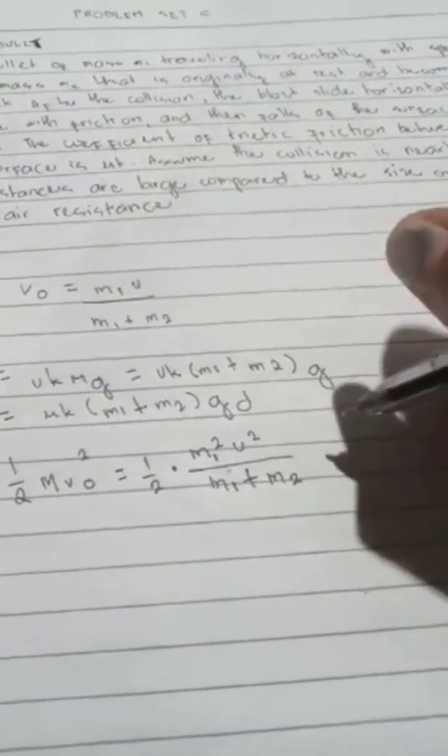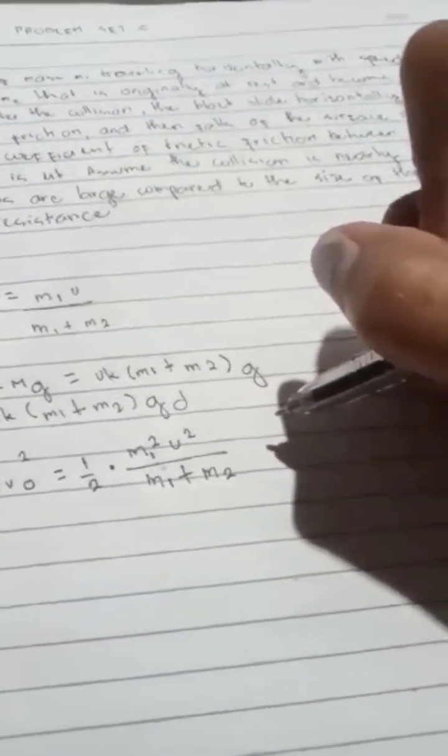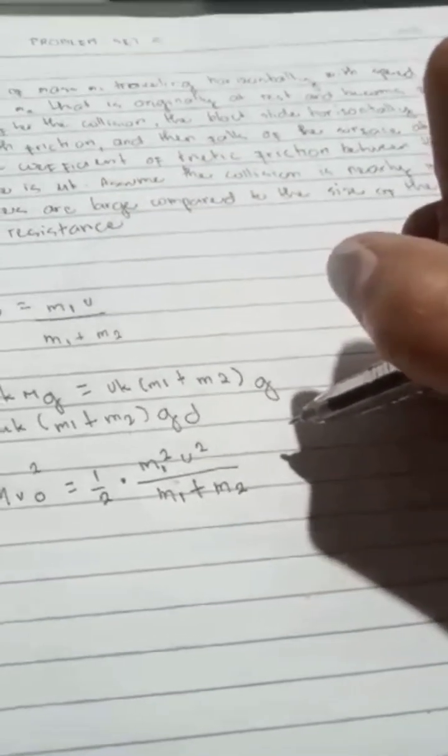If the kinetic energy is less, the system will stop before reaching the edge. If it is more, the system will reach the edge with leftover speed. So by setting the kinetic energy after the collision equal to the work done by friction, we can solve for the minimum initial speed of the bullet.